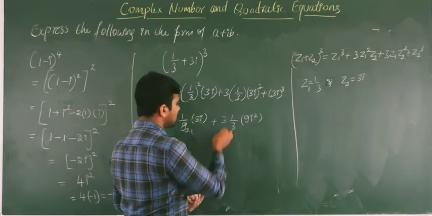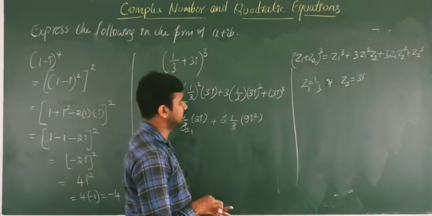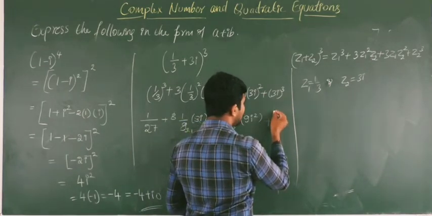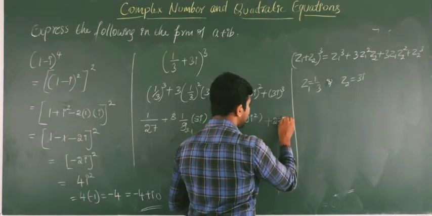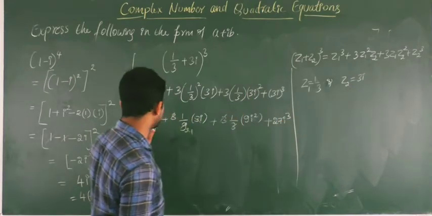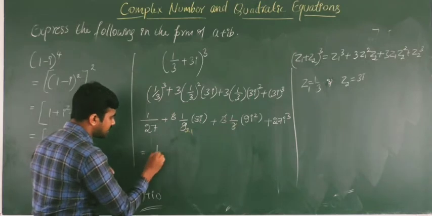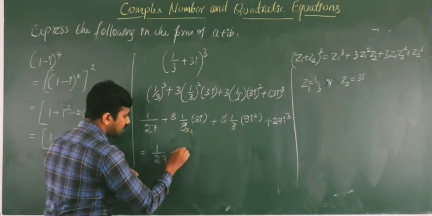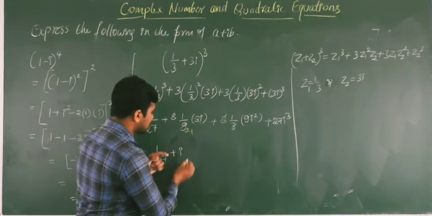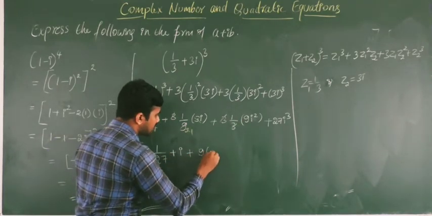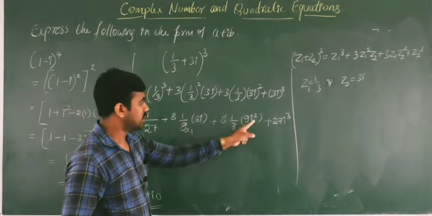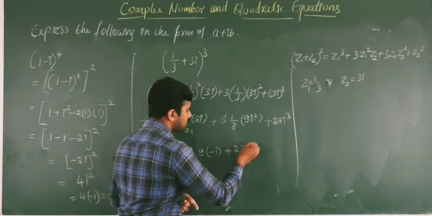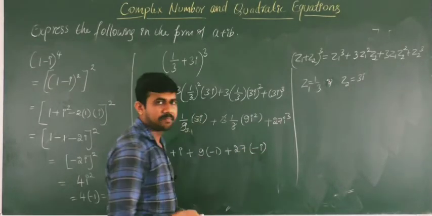So here also 3 and 3 get cancelled, plus (3i) whole cube. 3 cube is nothing but 27 into i cube. Now again see here, by rewriting this we will get 1 by 27 plus i plus 9i square. i square is what? Minus 1. Its value is minus 1. Plus 27 into i cube. i cube is nothing but minus i.